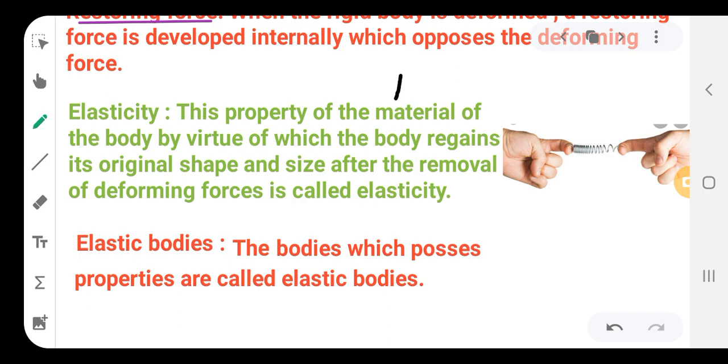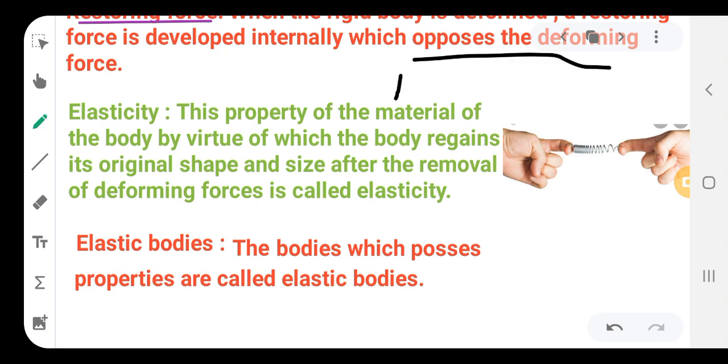What is a restoring force? A restoring force is a force which opposes the deforming force, which is developed internally. It is a force applied internally in the body, already there in the body, and it opposes the deforming force.